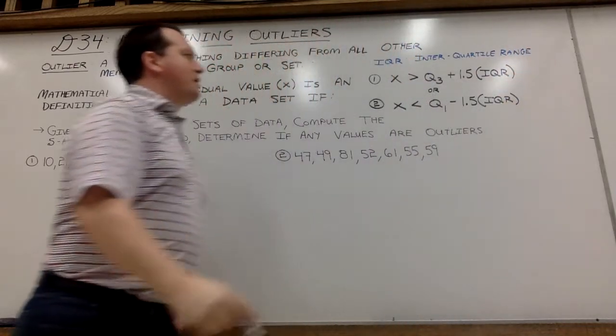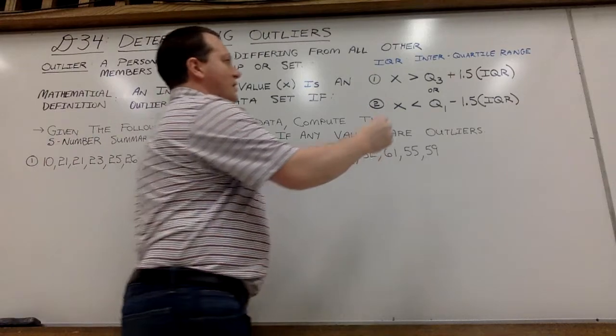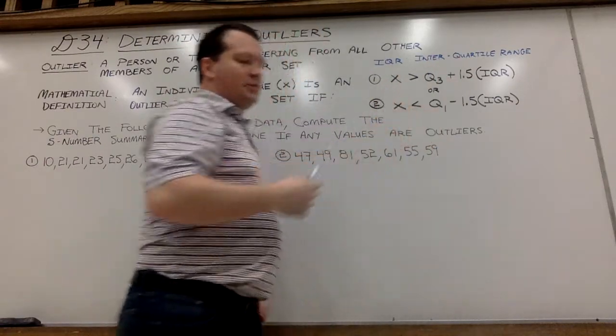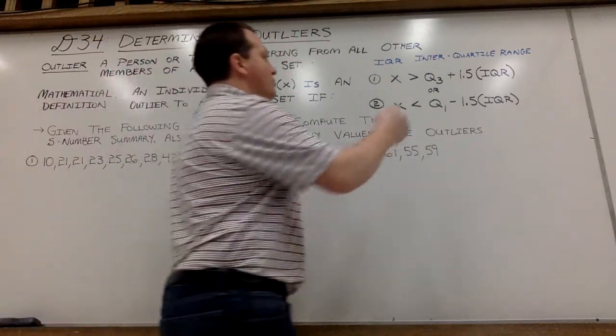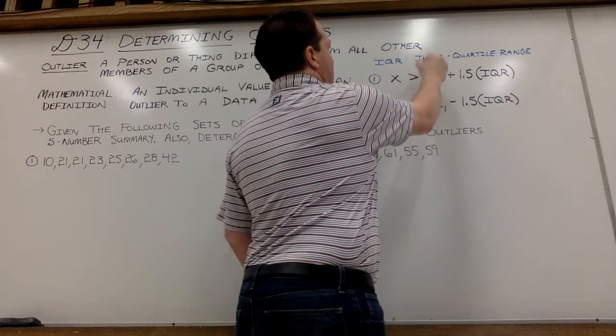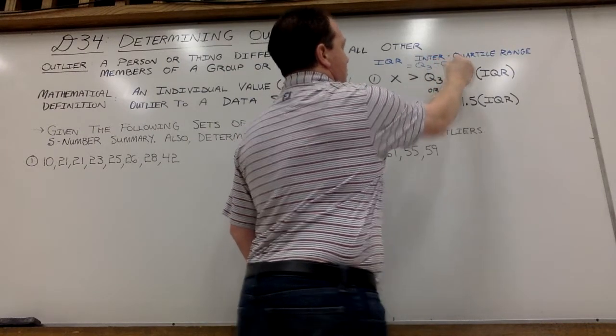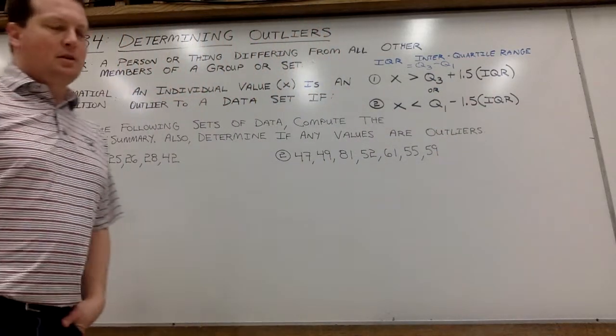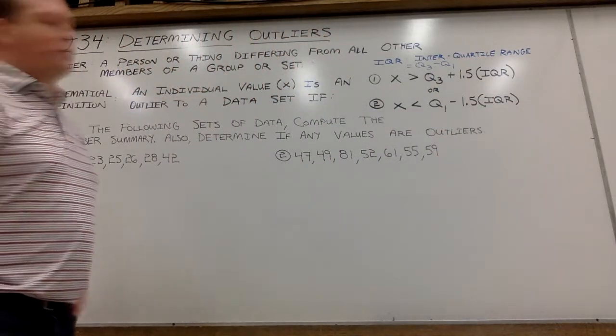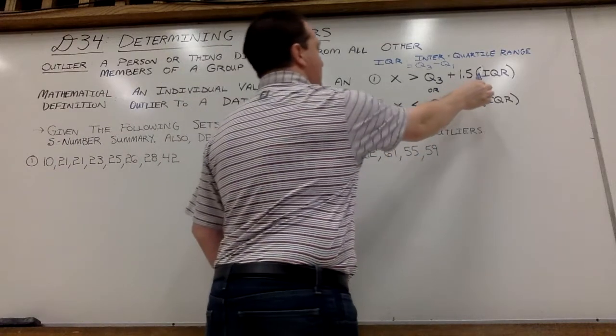And to find that, all I need to do is take the range, the difference between the highest value, Q3, and Q1. So Q3 minus Q1 is the interquartile range, IQR.